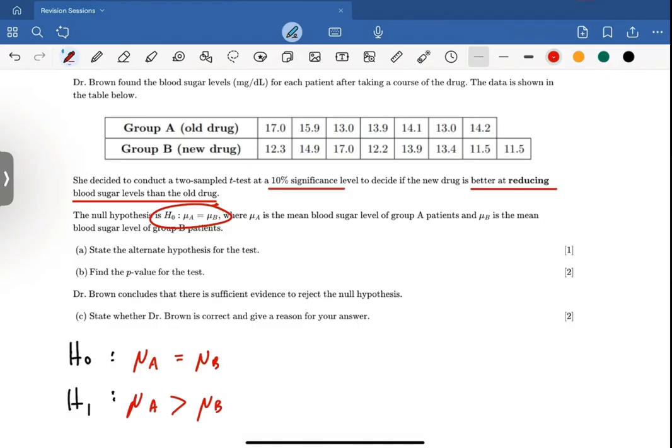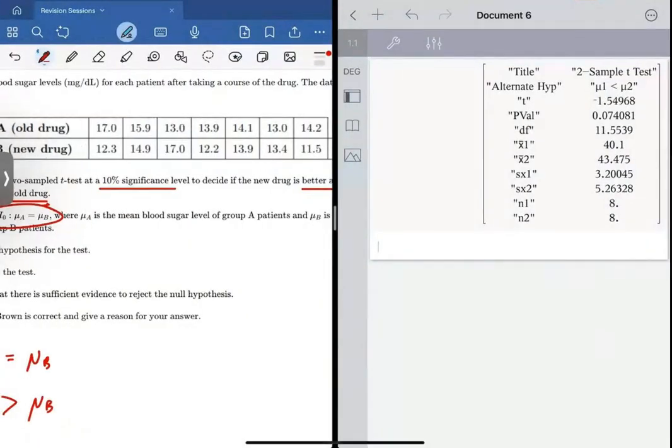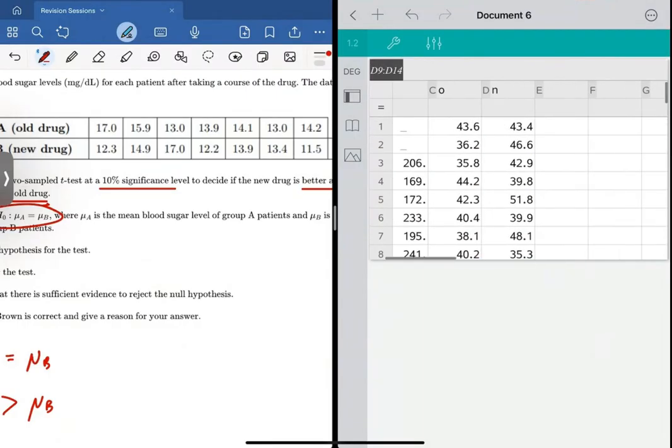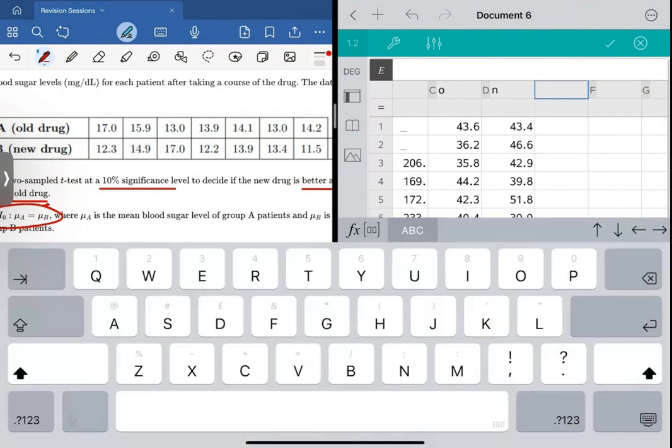Okay, so just like the other two, we're going to go to our calculators now. You can get started on this while I do the same. If you want to, we can still do this in our same spreadsheet as before. We just need to choose new labels. So we're going to do new drug and old drug.